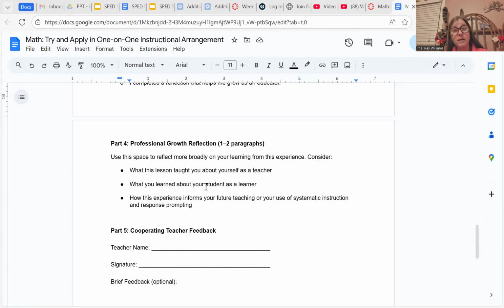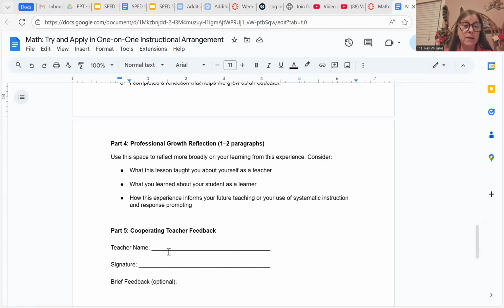That could be learning about their skills, their likes, their preferences, their support needs. And then finally, how this experience informs your future teaching or your use of systematic instruction and response prompting.